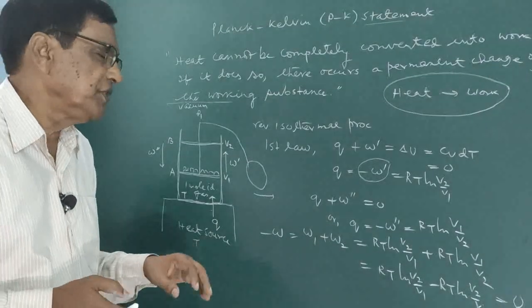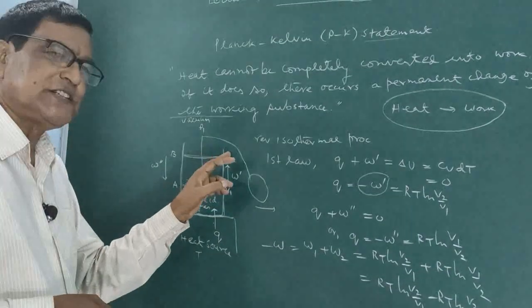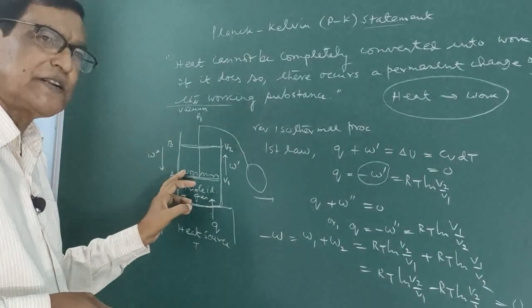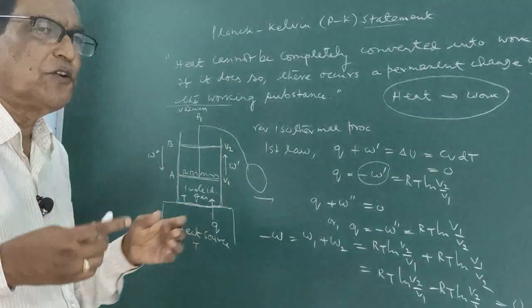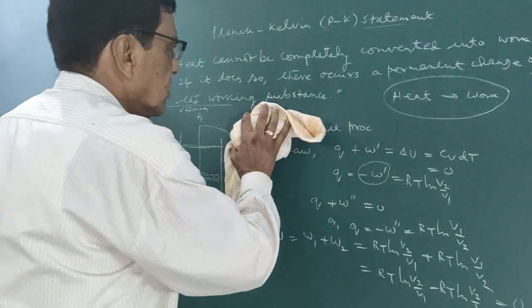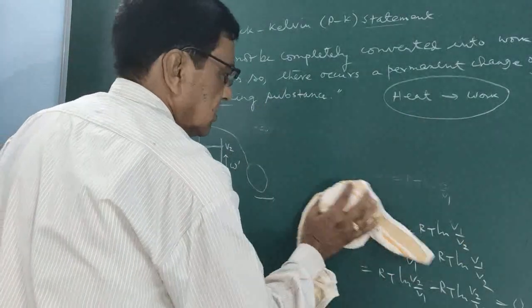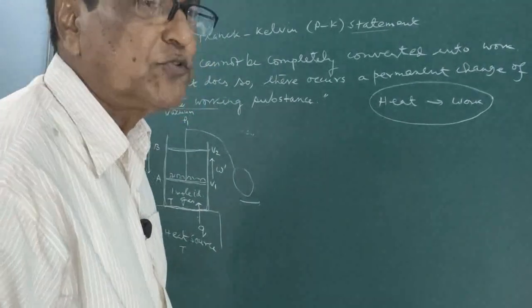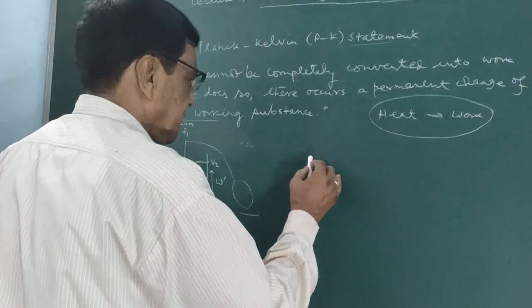If the forward process is reversible and the backward process is irreversible, then also I can show that it is not possible to get a positive amount of work to the surroundings.